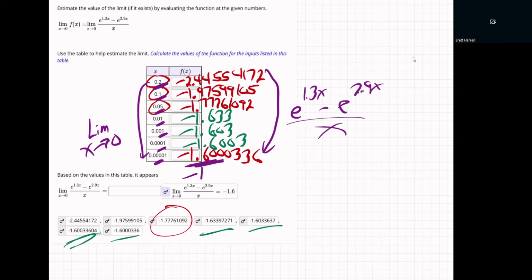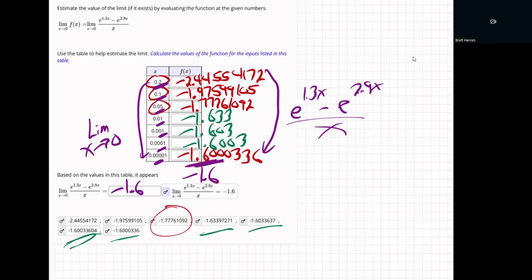Where does it look like it's going? Negative 1.6. See how they're getting closer and closer to negative 1.6, aren't they? Look at these last ones: negative 1.63, negative 1.60, negative 1.6003, negative 1.6000. It's getting really, really close to negative 1.6. So that's our answer, negative 1.6.